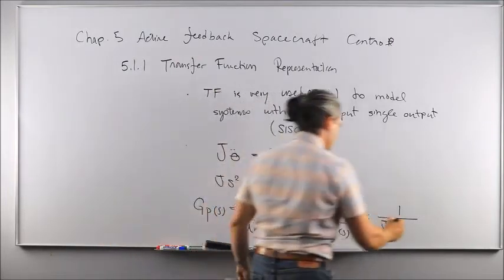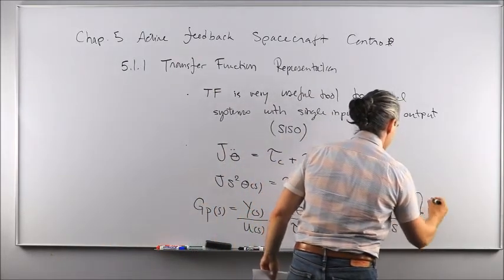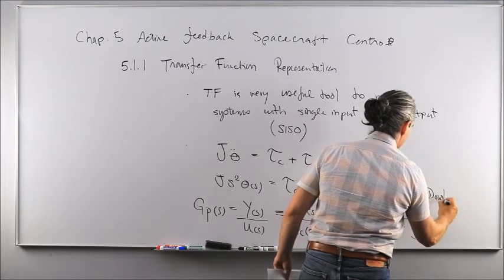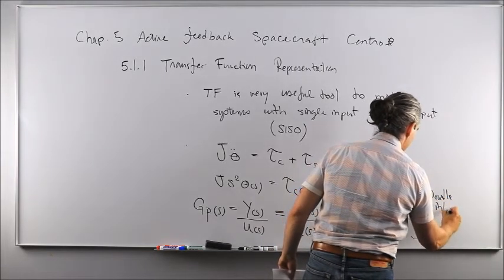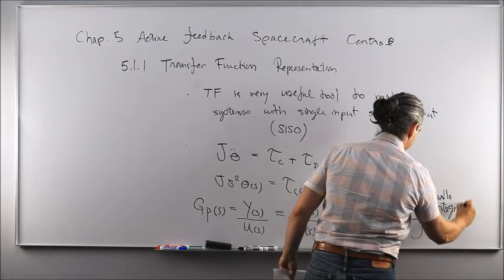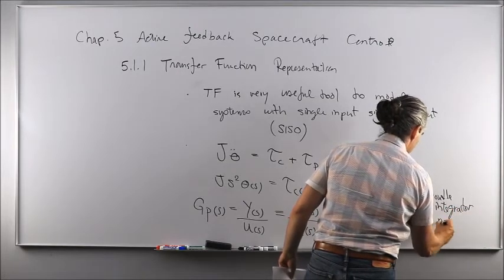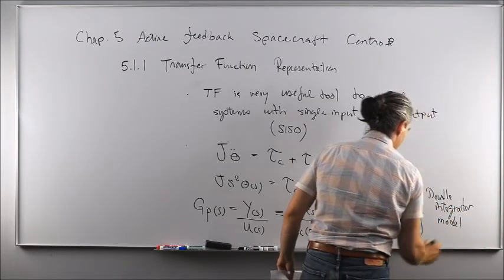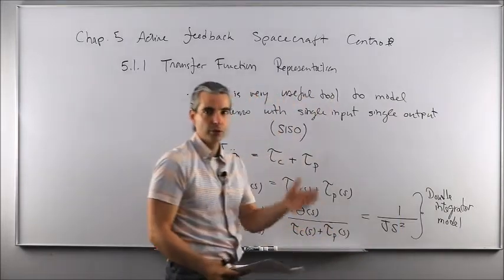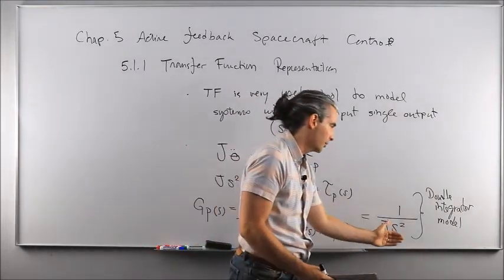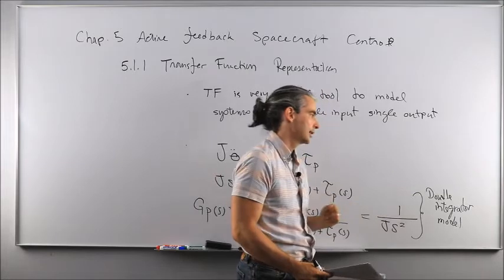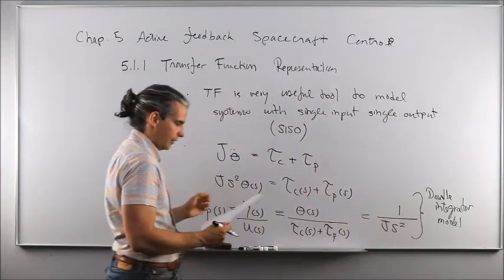And for that reason, this particular dynamic model is known as a double integrator model. Because in the S domain, an integrator is 1 over s, and now you have 1 over s squared, thereby referring to it as a double integrator model.